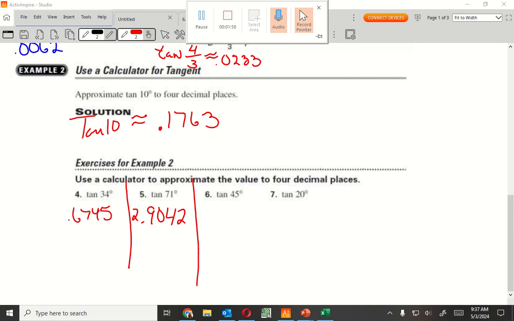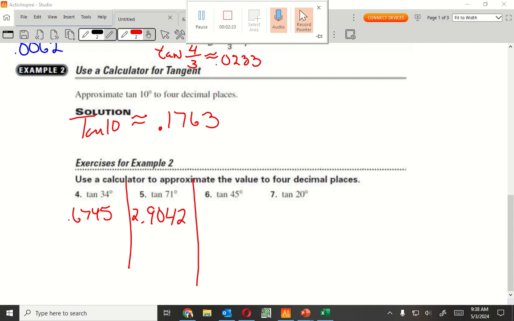The next one is 1. Only 1? Believe me, go check this. Oh no, it's a 1.6.